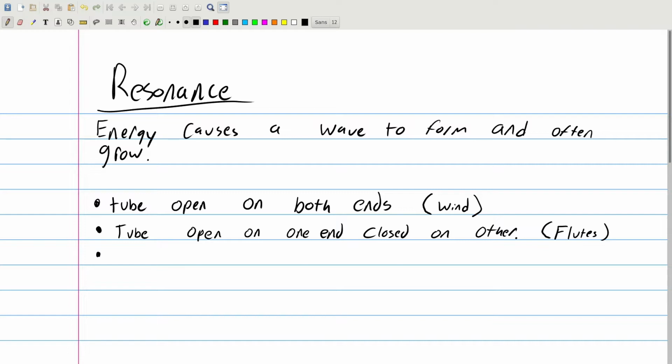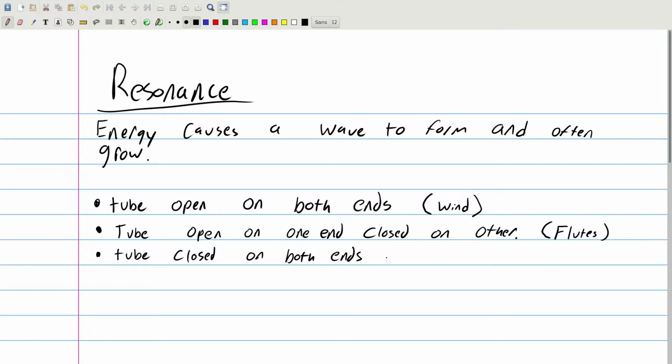But even just blowing across the top of a tube, or across the top of a water bottle or a Coke bottle, will give you that sort of resonance. And finally, we're going to have a tube that is closed on both ends.